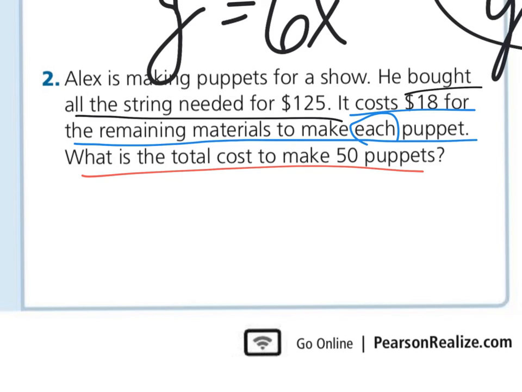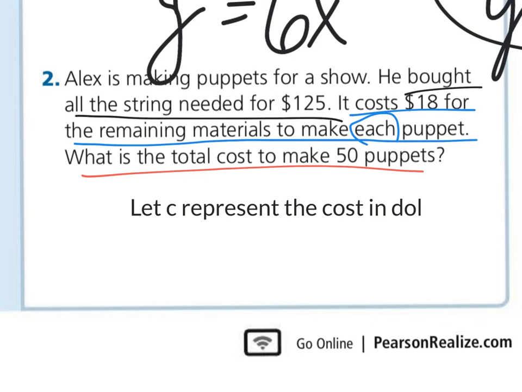For this, let's assume that they want us to come up with an equation first. So we could define variables first. We could say, let C represent the cost in dollars, and let P represent the number of puppets.